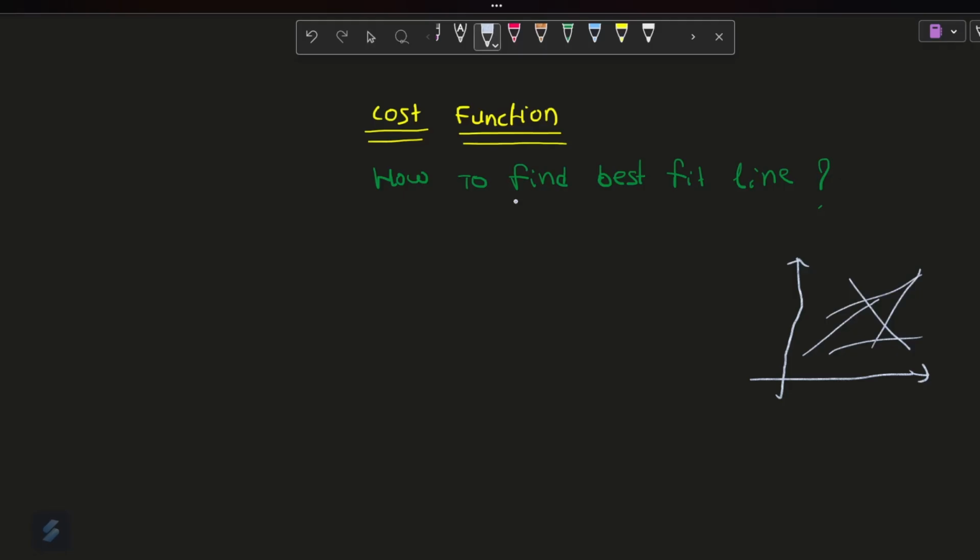Let's consider we have a slope of a line. First, let's understand some concepts of the cost function.